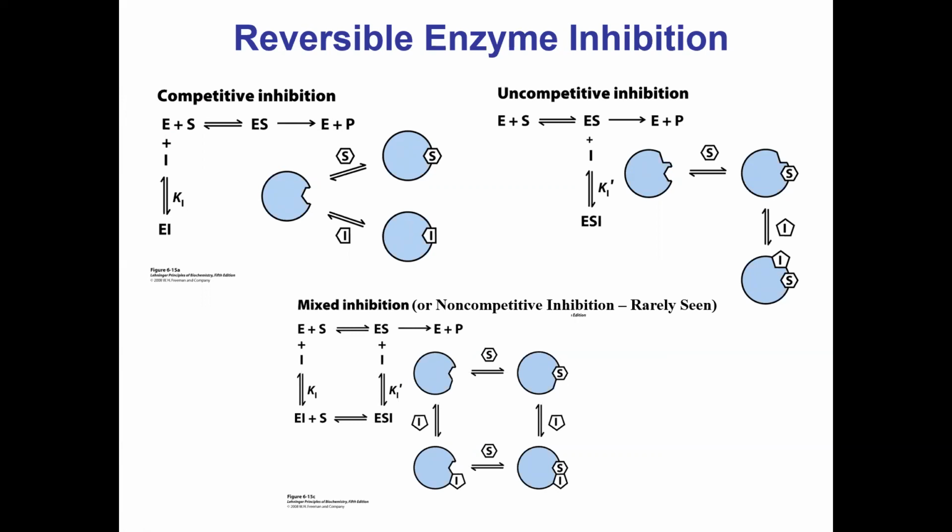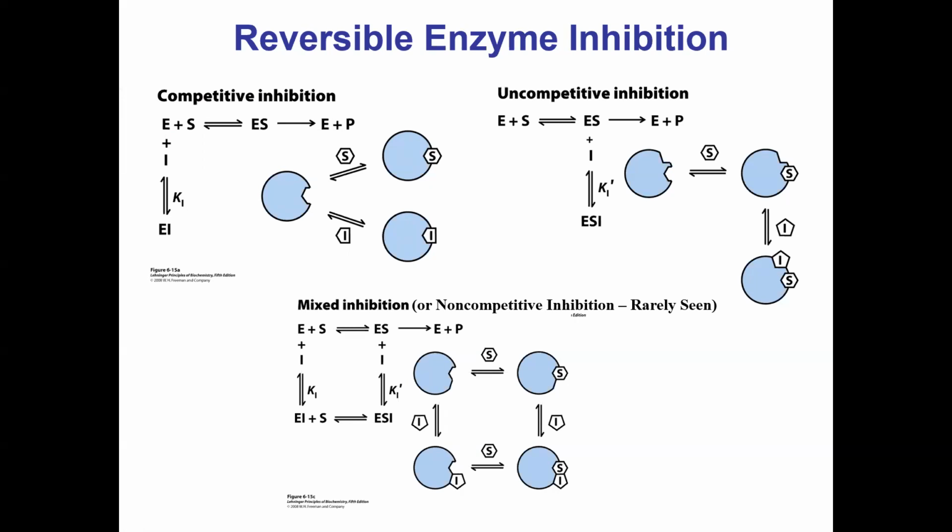So it will dialyze out, and the free enzyme, which is much higher in molecular weight, is retained in the dialysis membrane. So you are able to regain the activity of the enzyme upon infinite dilution. This would be an example of reversible enzyme inhibition.